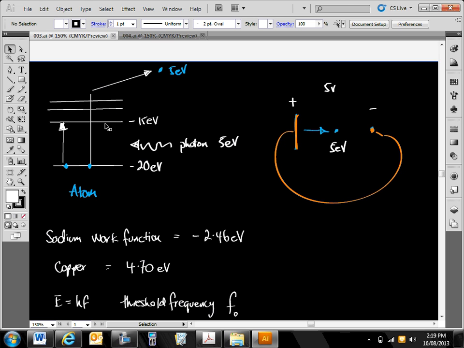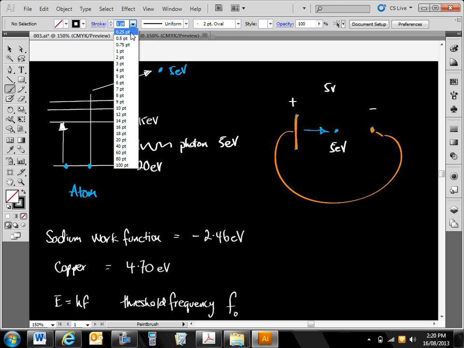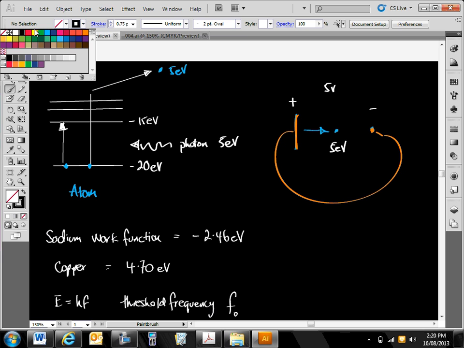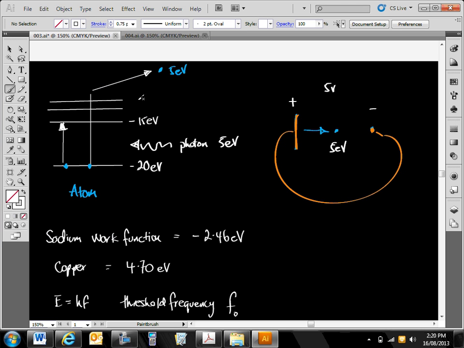Where is the greater amount of energy in this energy level diagram here? This is a common misconception, and this is part of the issue that I have with the textbook, is that this might be minus 0.8. As we go higher in this energy level diagram, or we go vertically upward, we go from minus 20 eV up to minus 0.8 eV.